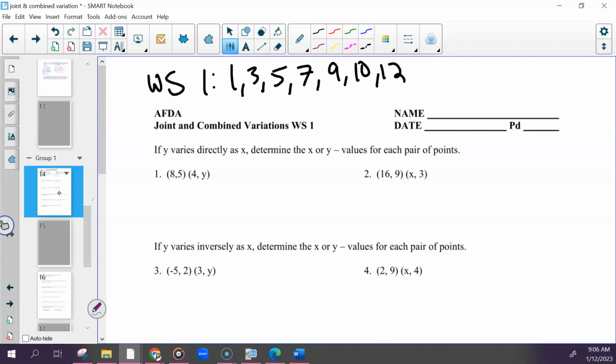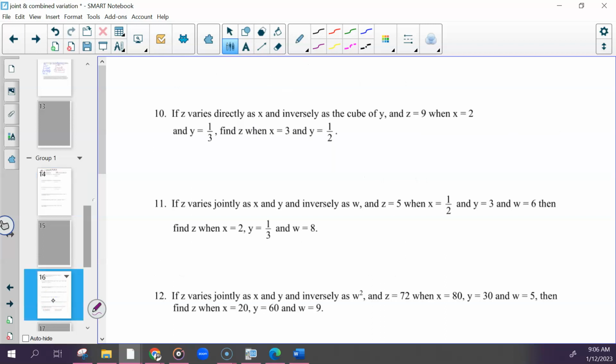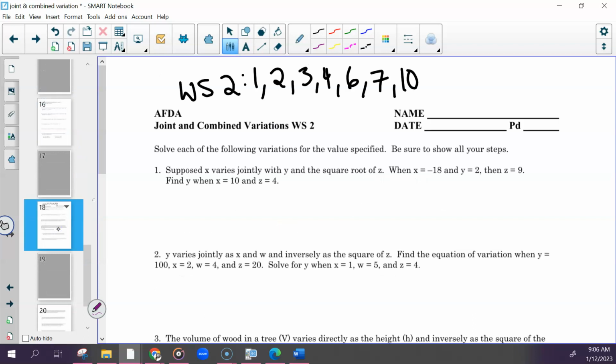And then on the second worksheet, and if you need to go back to this, I will. 1, 2, 3, 4, 6, 7, 10. So all of those are good practice.